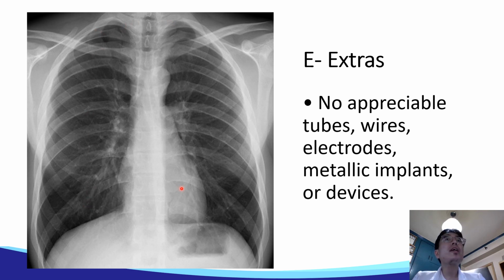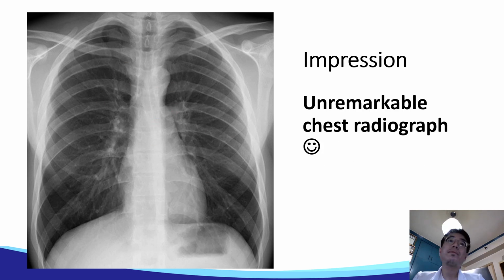Finally, we have E, which stands for extras or everything else. Our patient does not have any visible tubes, wires, electrodes, or implants, as we can see in the radiograph. Hence, our verdict: we have reviewed and thus can sign out this particular chest x-ray as unremarkable.